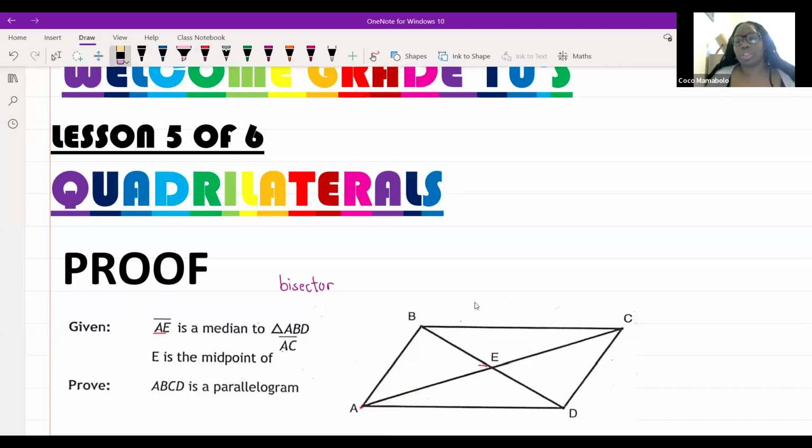Now, the question here says, we need to prove that ABCD is a parallelogram. All right, and there are about 3 ways that we can prove that something is a parallelogram. Does anybody remember these 3 ways?